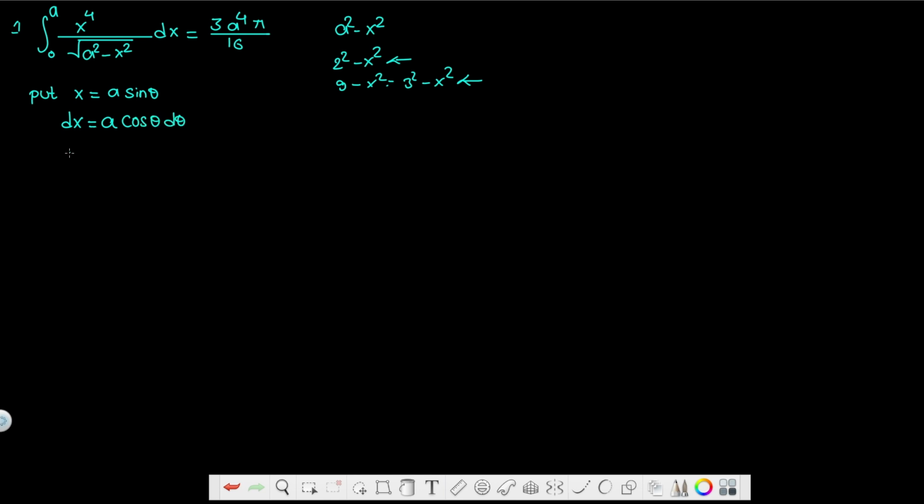Now we have to change the limits. When x equals 0, theta equals 0, and when x equals a, theta equals pi over 2.